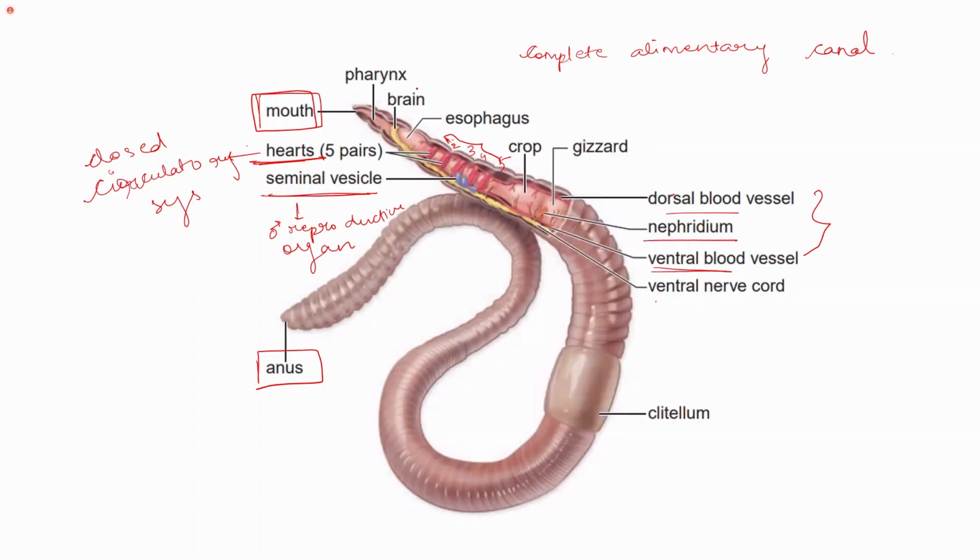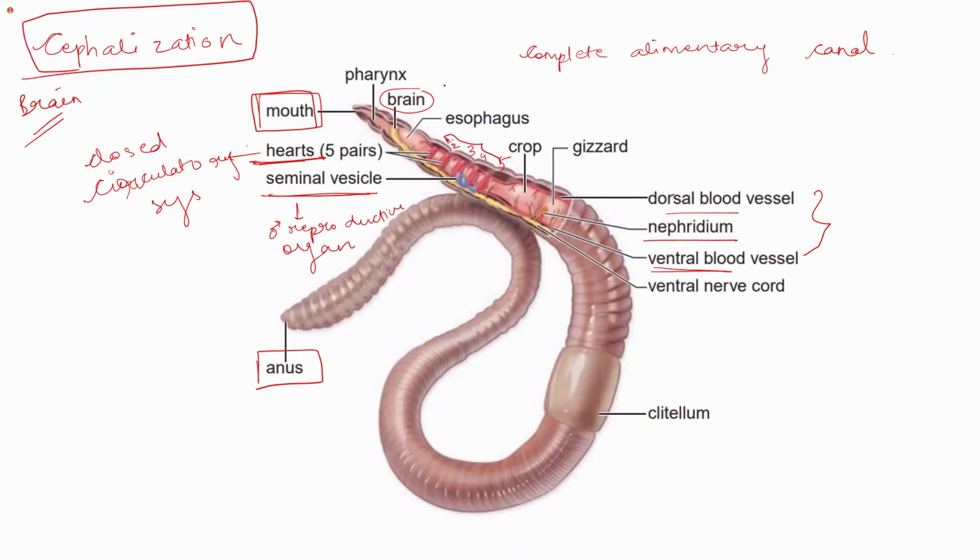You can see that they have a brain developed. So cephalization is present in them, which was absent in the earlier organisms that we discussed. Cephalization, that is the presence of the brain in the head, appeared first in annelids.